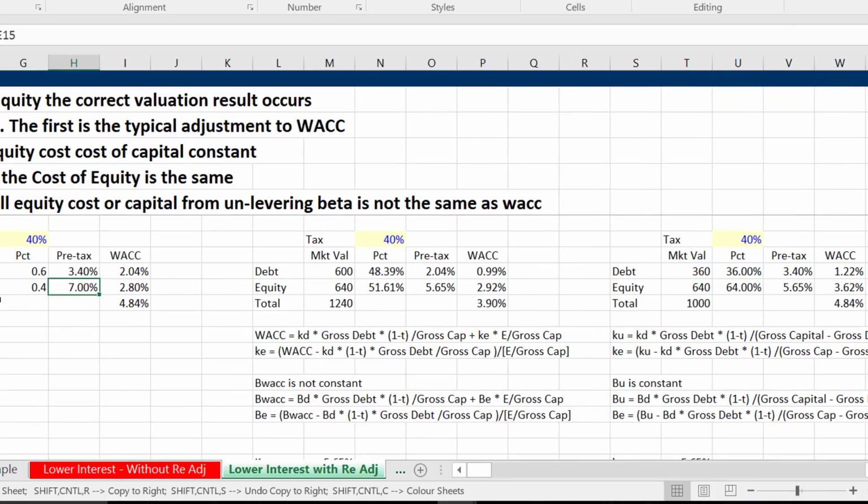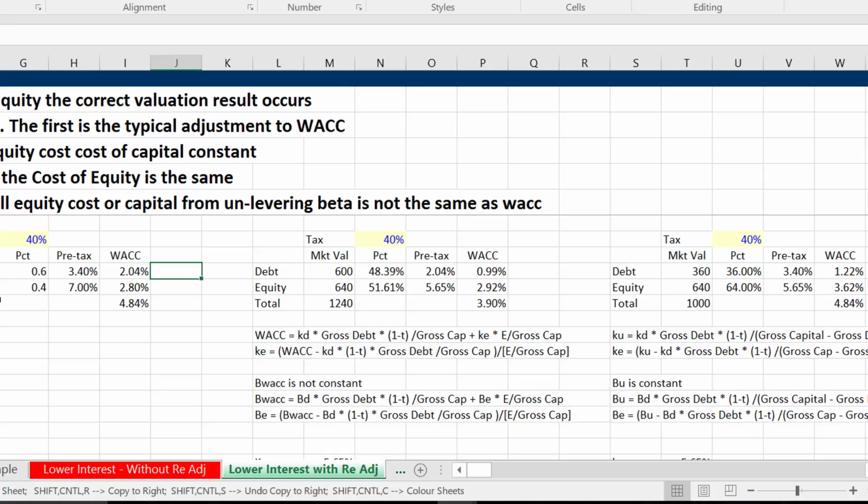Here was our pre-tax number that we started with, and we got 1,000. Now let's assume the pre-tax WACC stays the same. That's like our housing example. The equity part of the WACC is the total all-equity cost of capital minus the part related to debt.